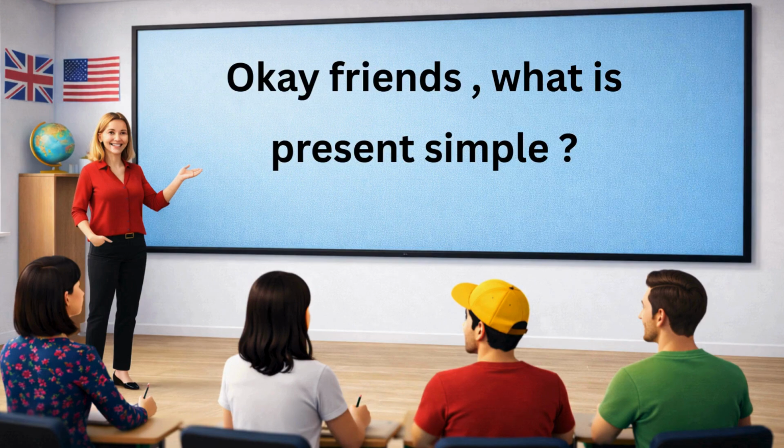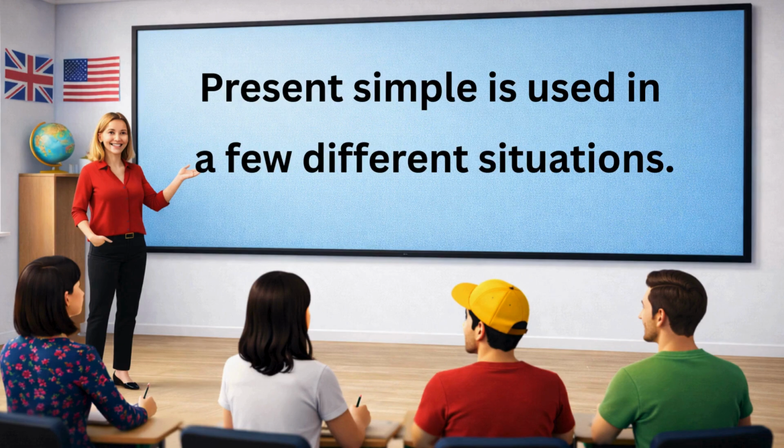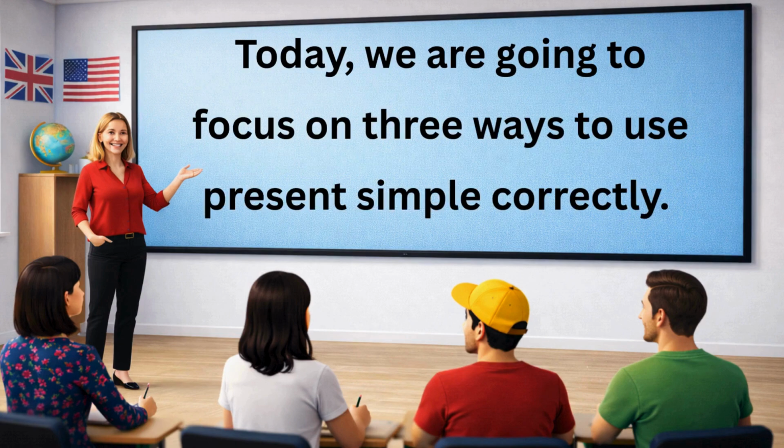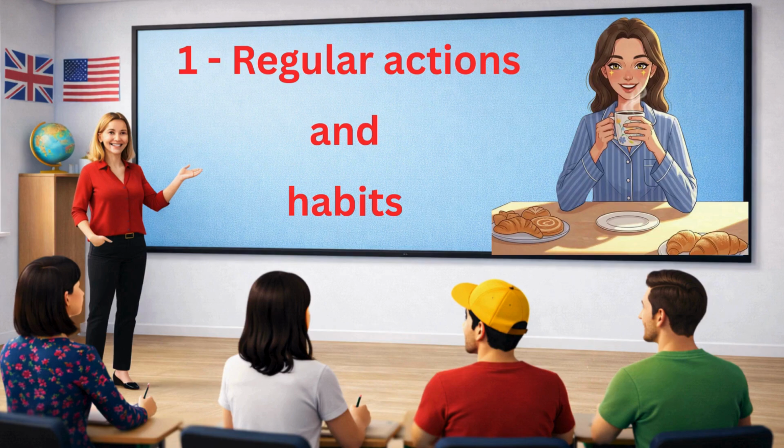Okay, friends. What is present simple? Present simple is used in a few different situations. Today, we are going to focus on 3 ways to use present simple correctly. 1. Regular actions and habits.